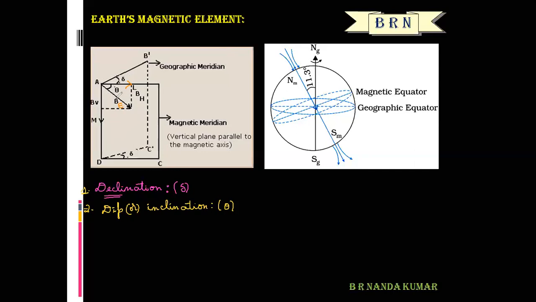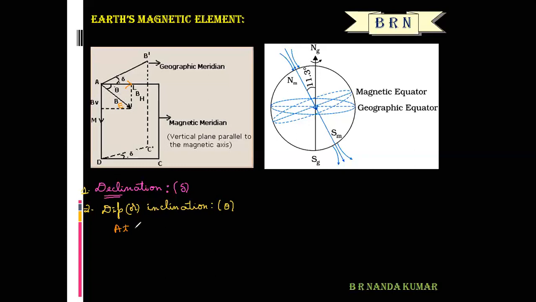The angle made by Earth's magnetic field with the horizontal contained in the magnetic meridian. Simply, the angle between B and BH is called dip or inclination, and it is maximum at poles and minimum at equator.